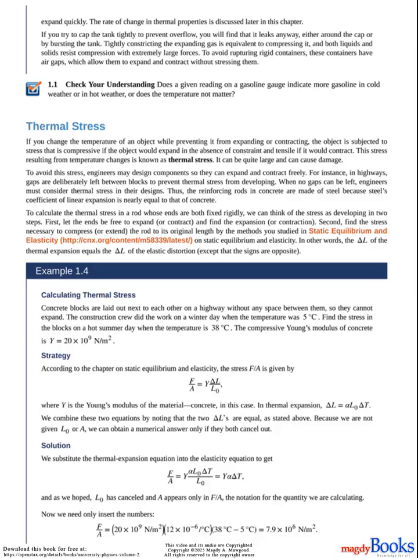F/A = (20 × 10^9 N/m^2) × (12 × 10^-6 /°C) × (38°C - 5°C) = 7.9 × 10^6 N/m^2.